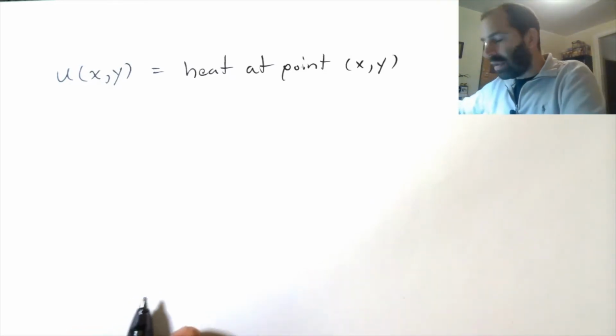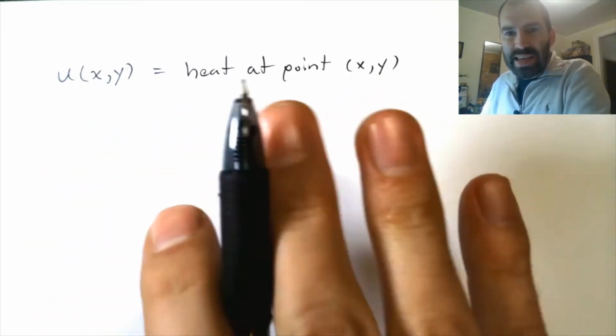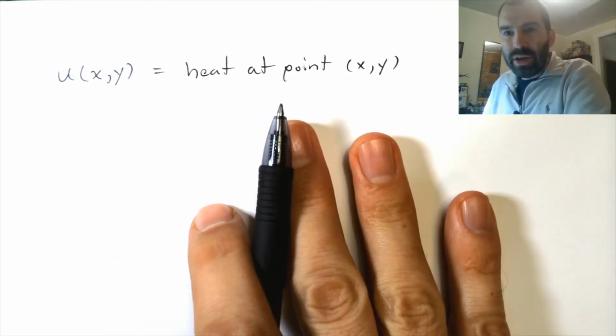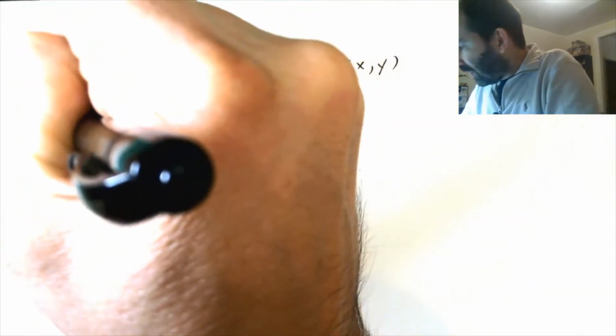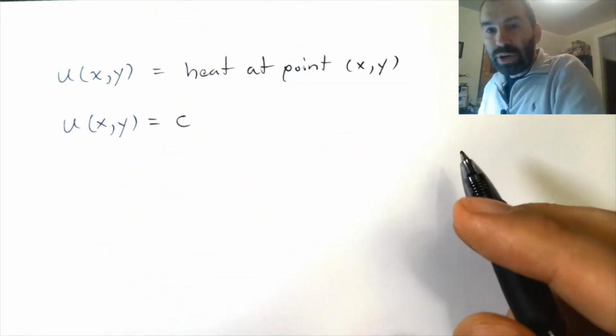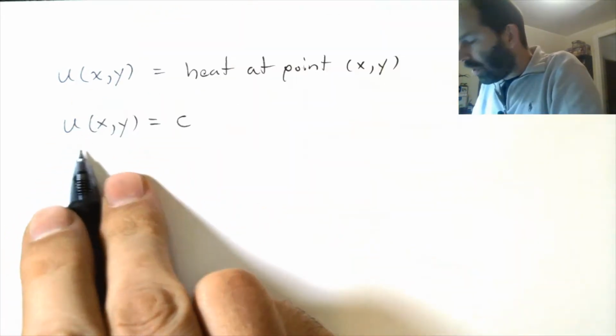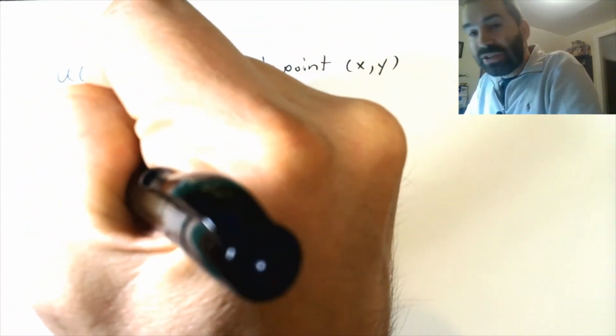And so if this represents the heat at any point, we can look at where the heat is constant, all right? So if I look at u of x, y, and I set it equal to a constant, then the curves that satisfy this, the solution curves, are called isothermals.